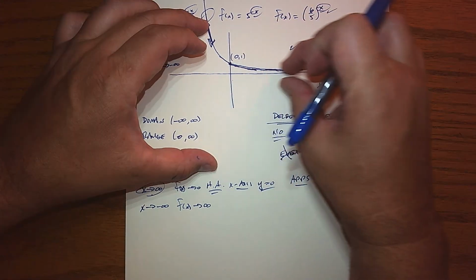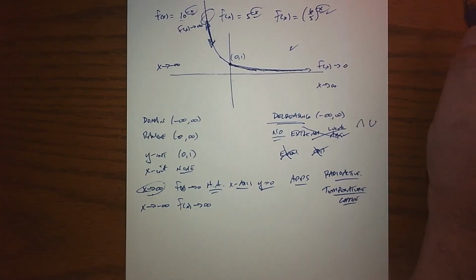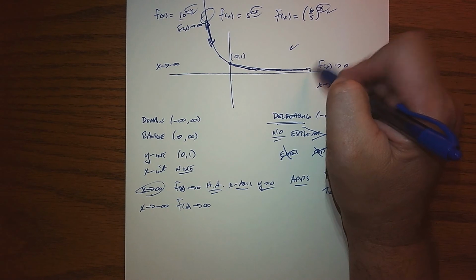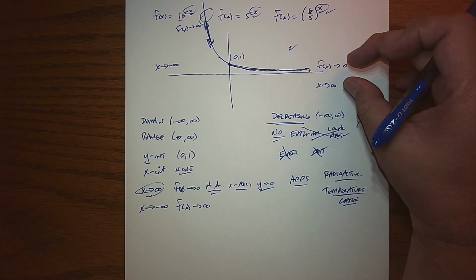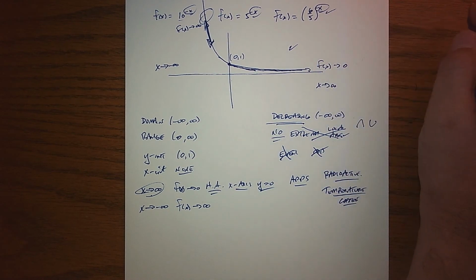Eventually it'll get so close that it'll be negligible, because the function values are getting closer and closer. So radioactive decay models and temperature models, we'll talk about those in the near future, but those are the big ones off the top of my head that I've seen quite frequently. All right, so there's our two models.